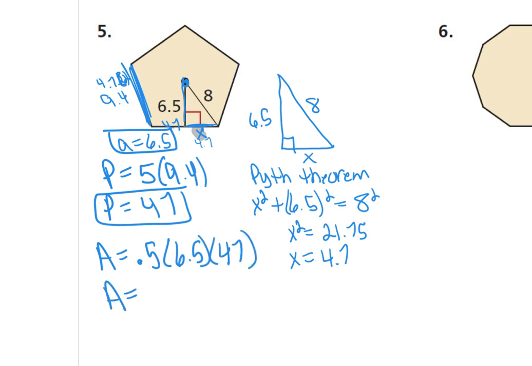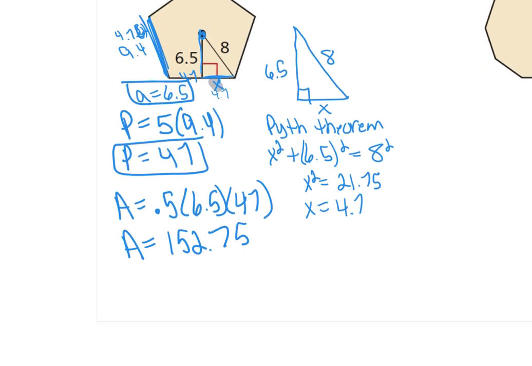Okay, and when we multiply those three together, we get 152.75. If we are rounding to the nearest tenth, that would be 152.8. And we don't have any units, so we're just going to call it units squared.